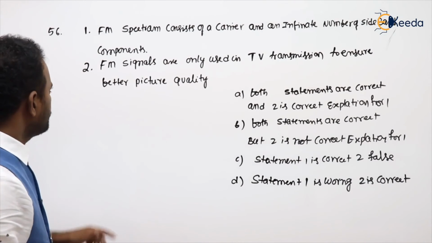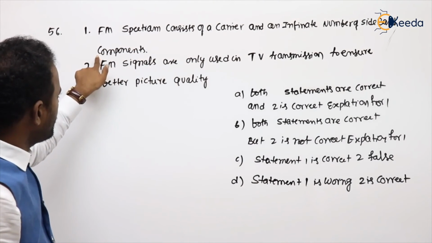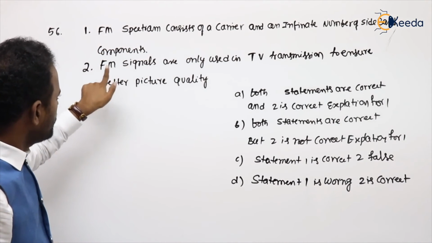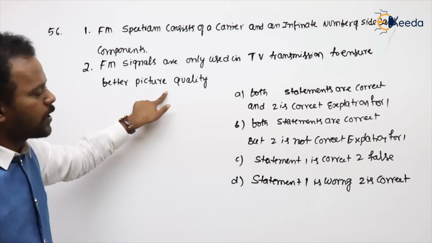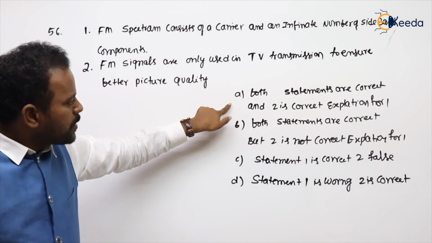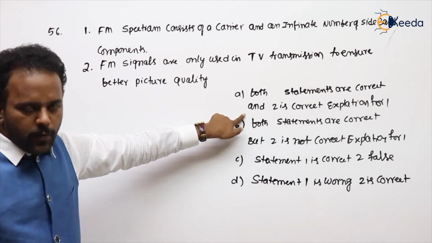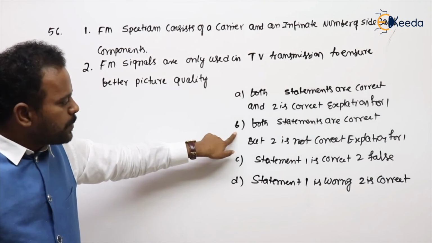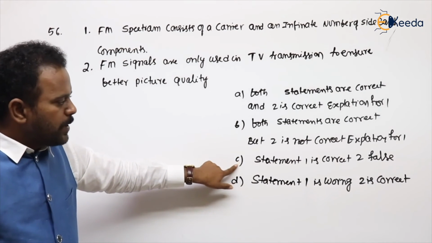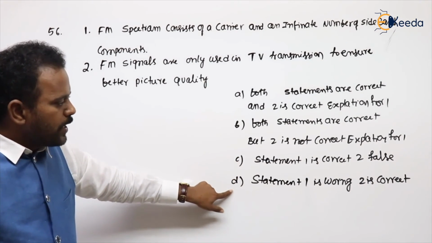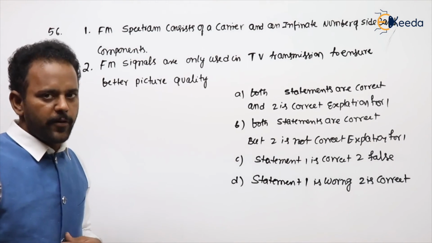See the next problem. Statement 1: FM spectrum consists of carrier and infinite number of sideband components. Statement 2: FM signals are only used in TV transmission to ensure better picture quality. Options: both statements are correct and the second is the correct explanation for one; option B, both statements are correct but the second is not the correct explanation for one; statement 1 is correct, 2 is wrong; 1 is wrong, 2 is correct. It is an assertion and reason type of question.